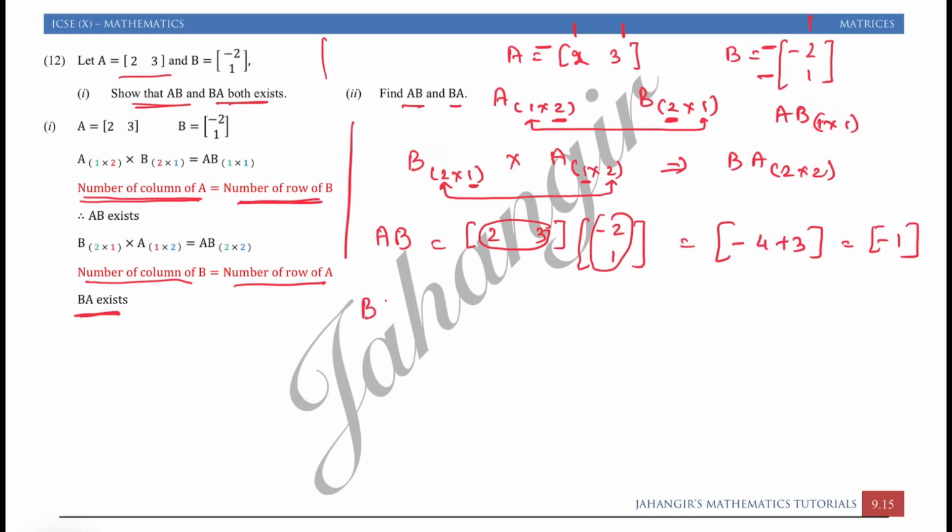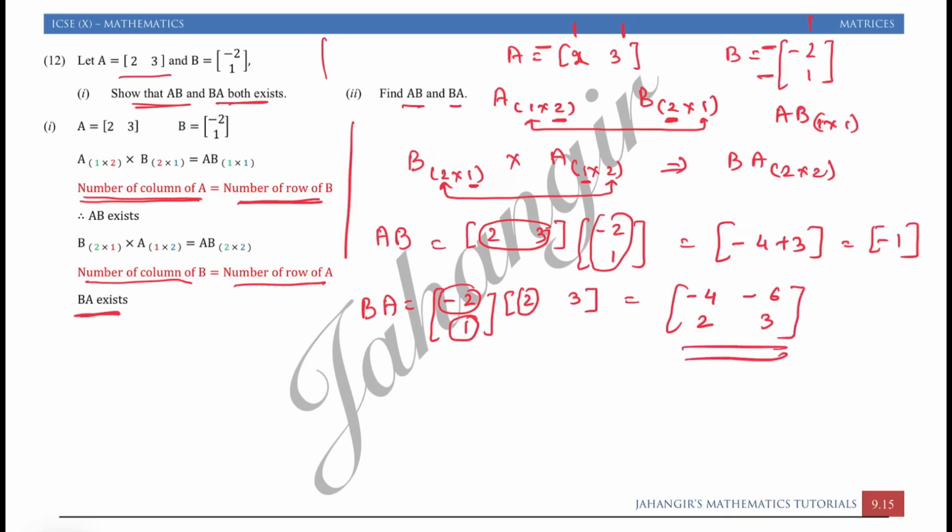Now BA: minus 2, 1 into 2, 3. First row, first column is minus 2 into 2, minus 4. Second row, first column is 1 times 2 is 2. Then 2 into minus 3 is minus 6. 1 into 3 is 3.